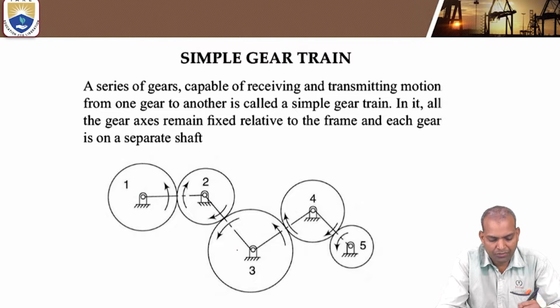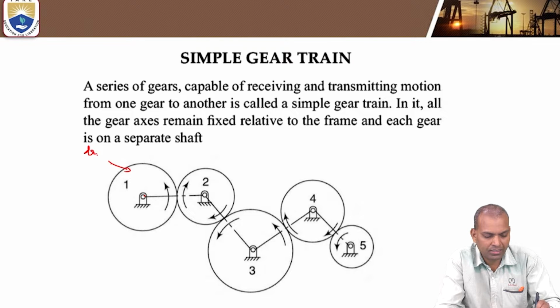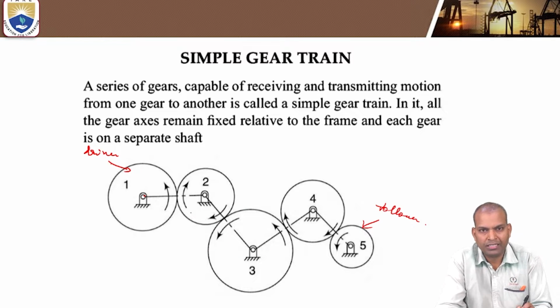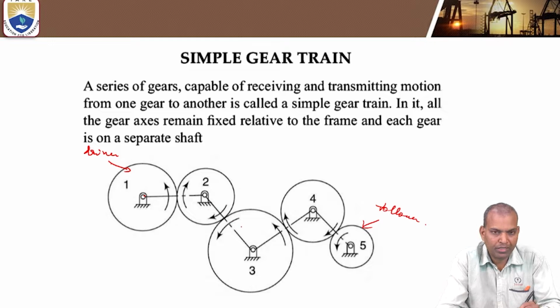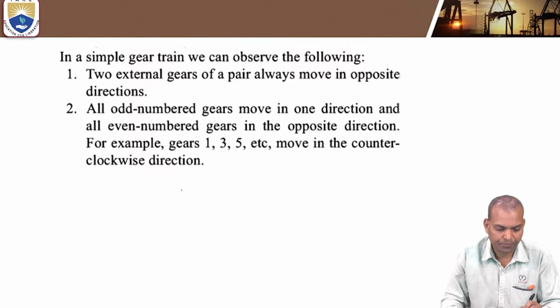There are 5 shafts here, each gear having a separate shaft. The first is the driver gear and the fifth one is the follower, the output. The gears in between are called intermediate gears. A series of gears means a number of gears, which is why the complete set is known as a gear train. It is a simple gear train.